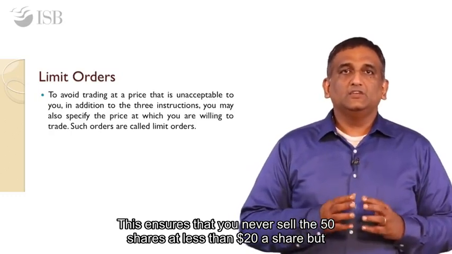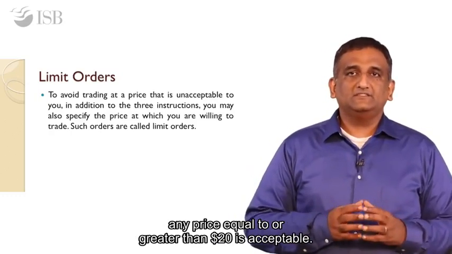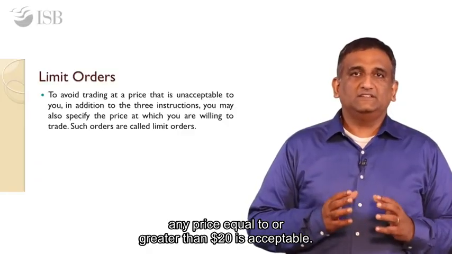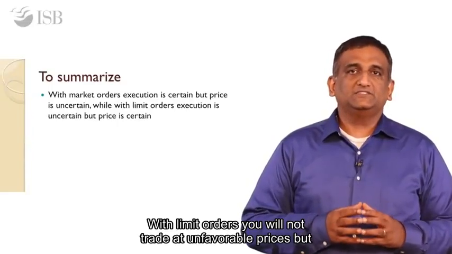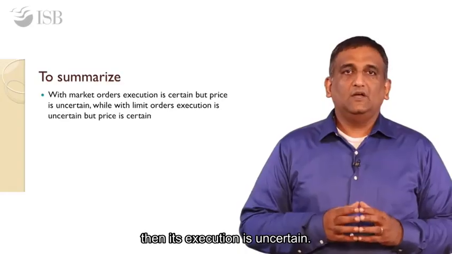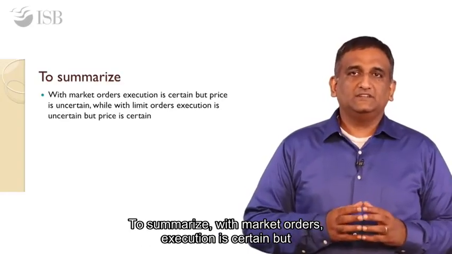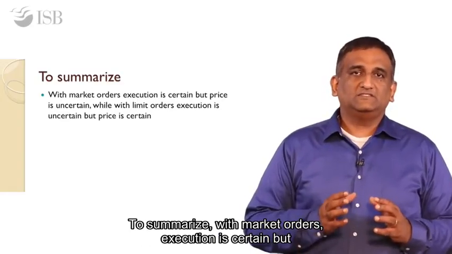With limit orders, you will not trade at unfavorable prices, but then its execution is uncertain. To summarize, with market orders, execution is certain, but price is uncertain. While with limit orders, execution is uncertain, but price is more or less certain.